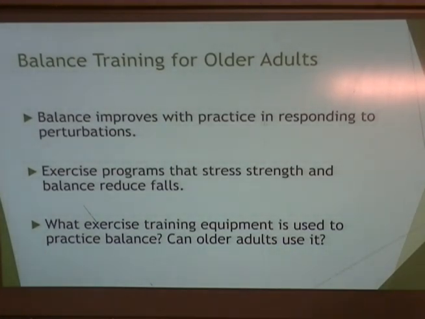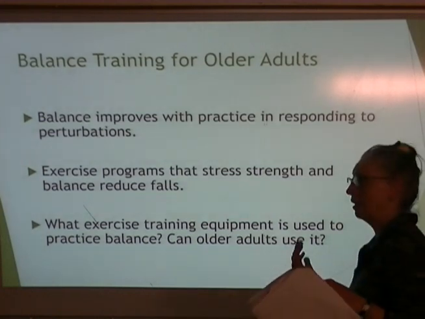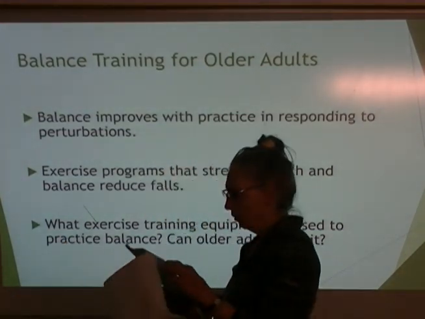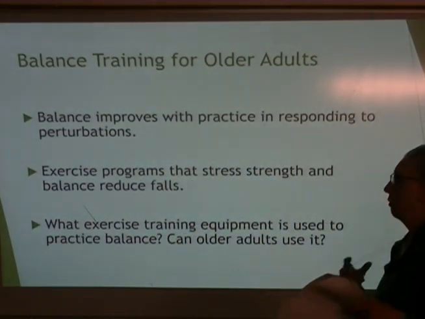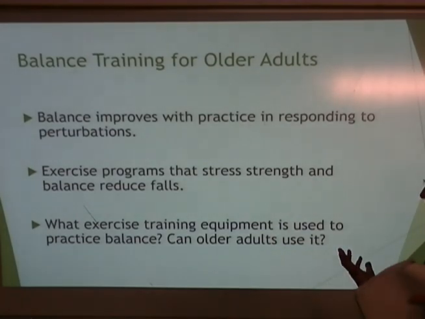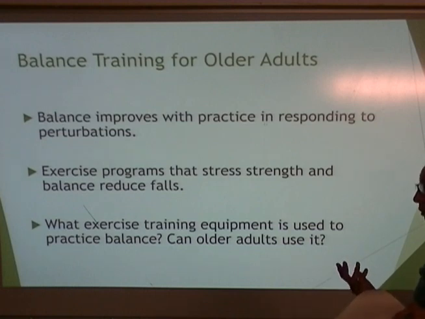And reducing fall rate is very important because falls are the leading cause of accidental death in adults over the age of 75. Right? So falling is a big issue as you get older, right?